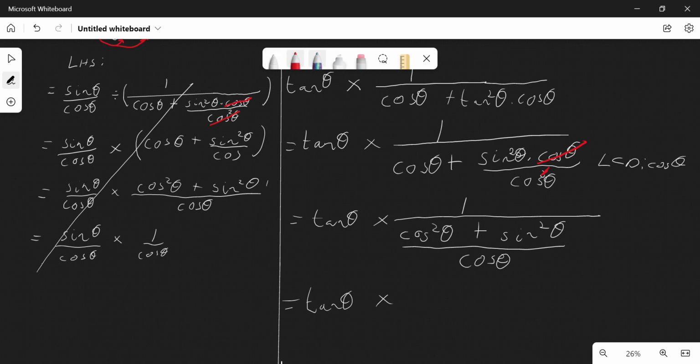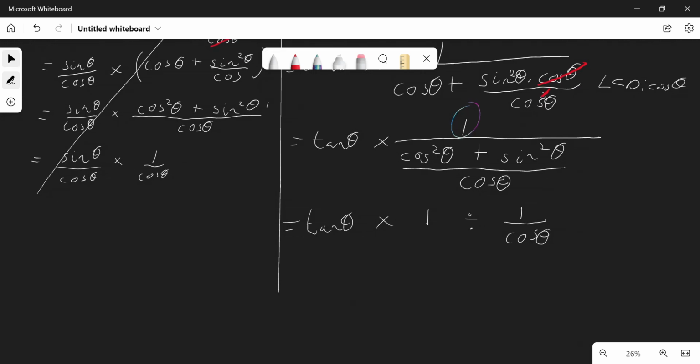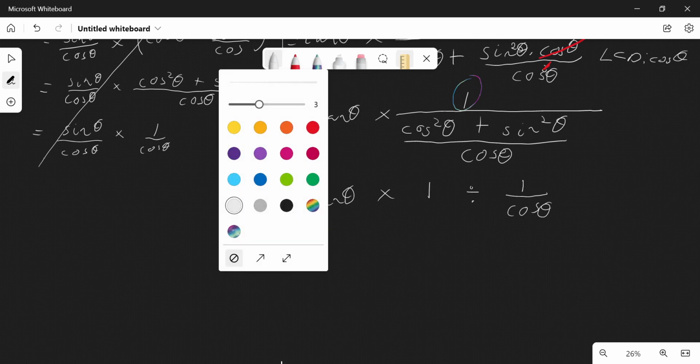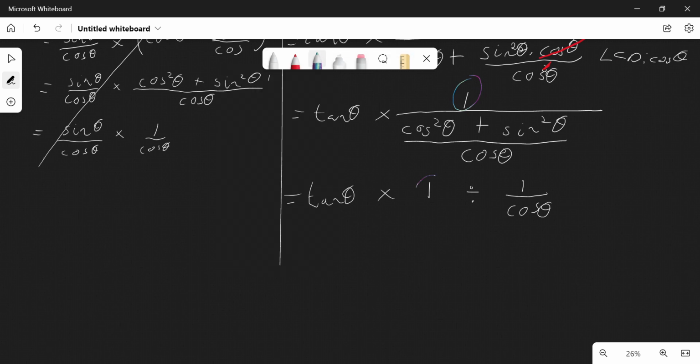So I'm just going to circle that, this one here. So times 1 divided by 1 over cos theta. All right, so this one here is the same as this one here.